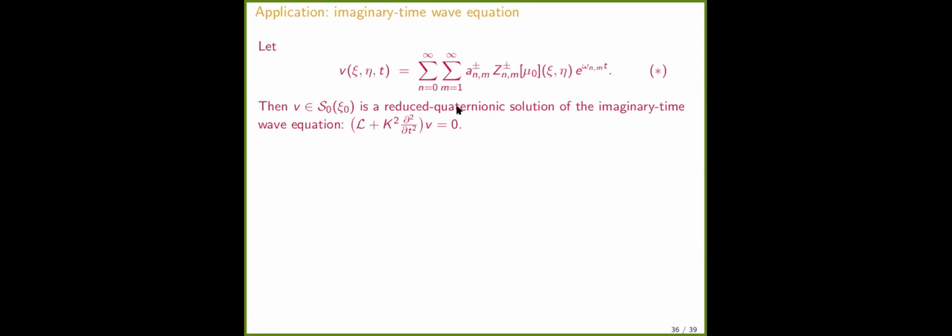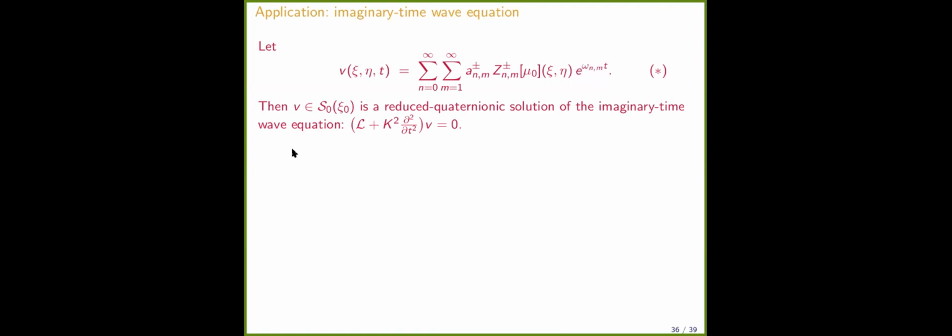So the result is, if we use the same coefficients that were previously applied to the zetas, which were scalar valued, and now we apply them to the R3 valued reduced quaternionic Mathieu functions for a particular mu naught that has been behind everything, and multiply by exponentials with coefficients of these omega and m that were conveniently defined.